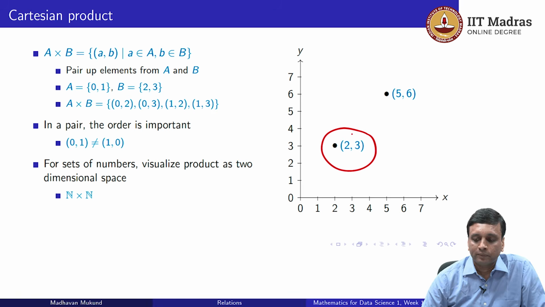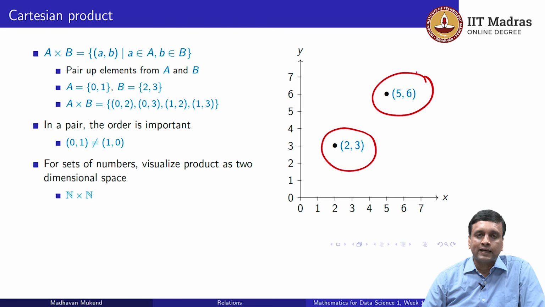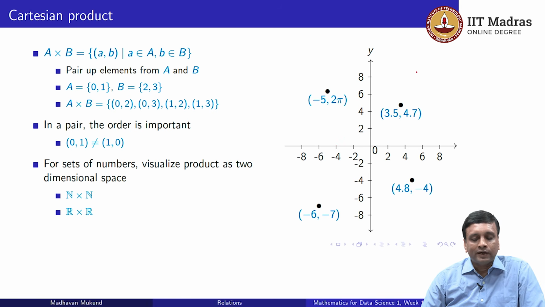And similarly, if you look at the point (5, 6), you get this point. So you can take the first coordinate, plot it on the x-axis, take the second coordinate, plot it on the y-axis, and where those 2 points meet on the grid is the point that we are interested in. So this is one way of visualizing a binary relation on numbers, and we can do the same thing if we are using, say, the reals, in which case the grid points that we are going to plot will have real coordinates and not just natural number coordinates.